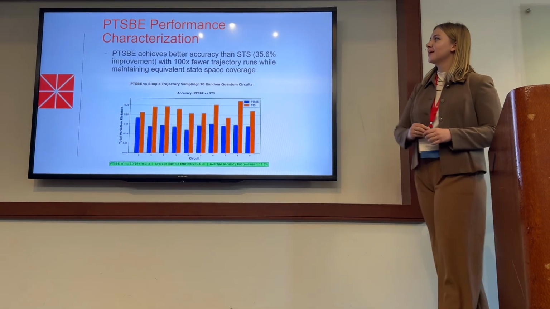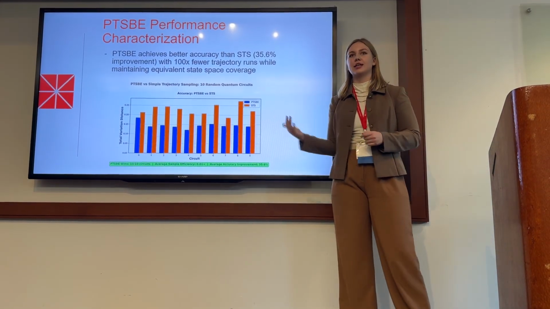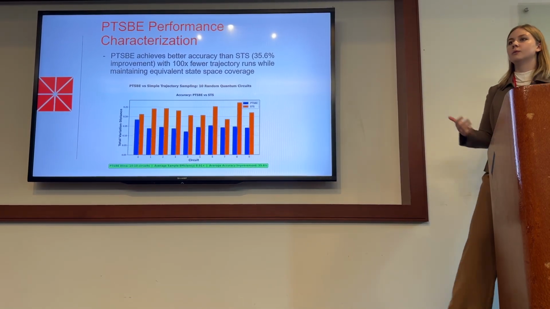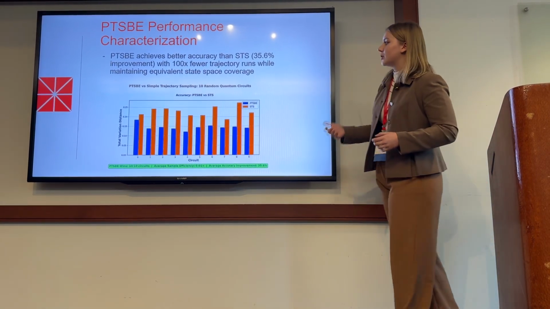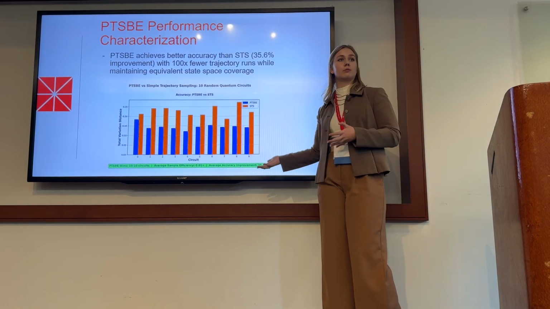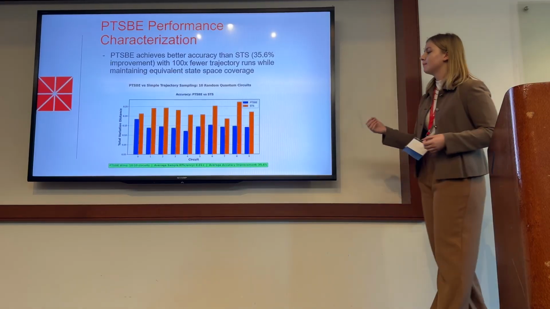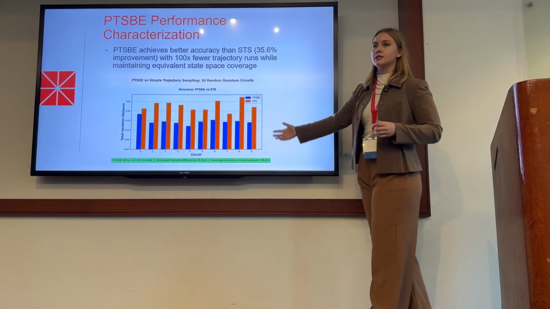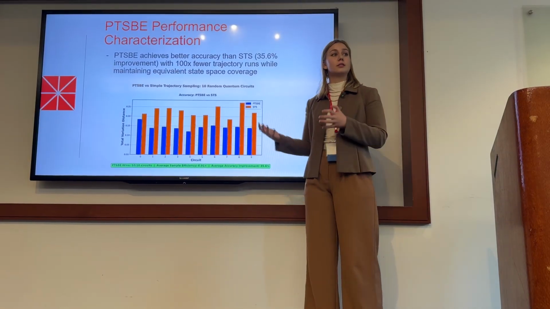Okay, so let's now look at how PTSBE actually converges in comparison to the standard trajectory sampling, which is the traditional method. The point here is that we generated 10 random quantum circuits using our code, and then we took 3 different metrics to compare them. The baseline here is the density matrix. As I said earlier, it's the most exact.